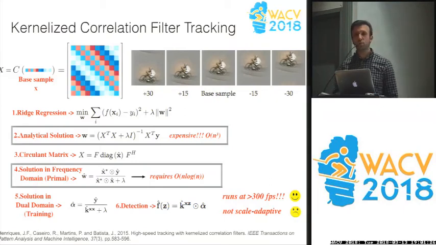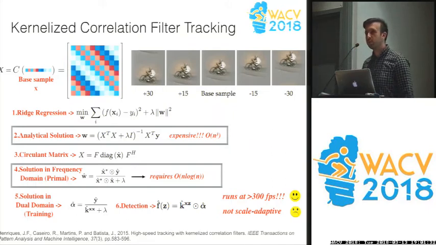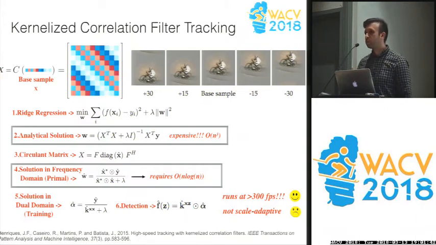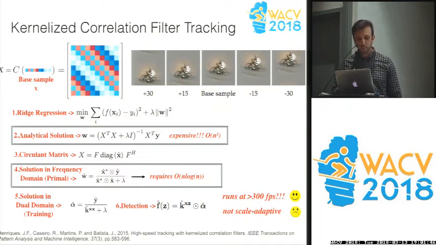Then we arrive at a nice, efficient primal domain solution. We can also transform it to the dual domain to get a more discriminative tracker. This can run at larger than 300 frames per second. However, it is not scale adaptive. So in this study, we will try to address the scale adaptiveness issue of KCF, the kernelized correlation filter.